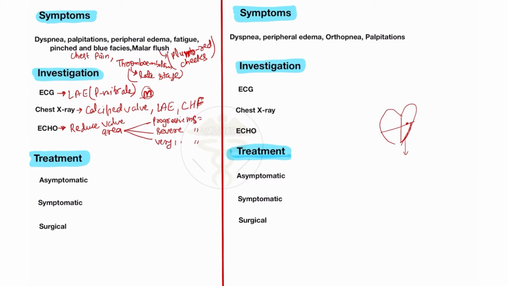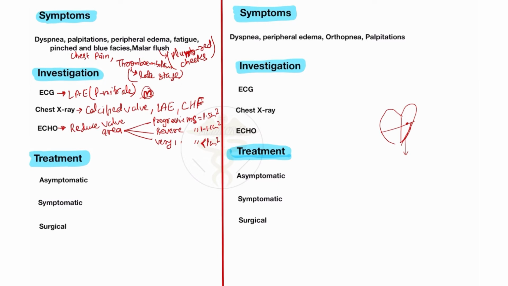When the valve area is greater than 1.5 square centimeters, it is progressive. When the valve area is 1 to 1.5 square centimeters, it is called the severe type. But when the valve area is less than 1 square centimeter, it is called very severe.